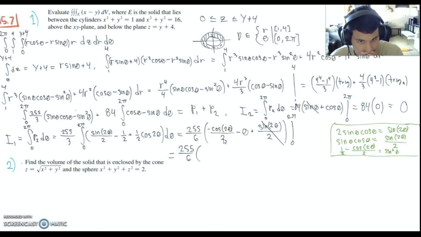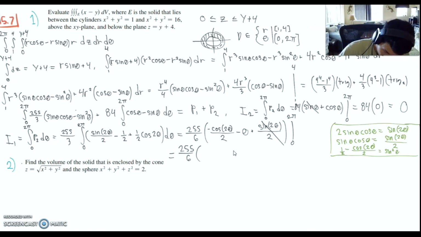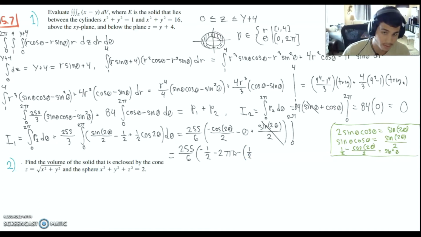So cosine 2 theta, if you plug in the 2 pi, that would be negative cosine 4 pi, which is the exact same thing as negative cosine 2 pi, which is 1. Negative 1/2 minus 2 pi. I'm going to give you a minus, right? And that would just be 1/2. So cosine 0 is 1.